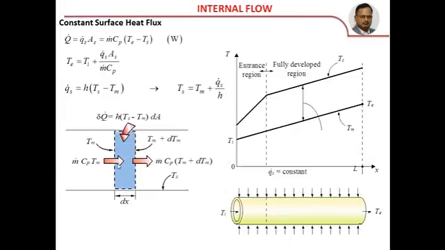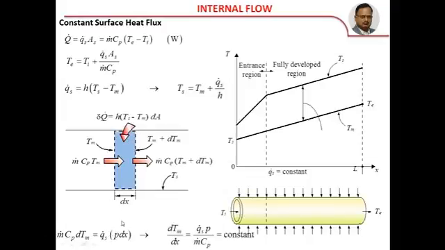So if you take any section like this, at a point where the temperature is Tm, after an elemental thickness of dx the temperature is Tm plus dTm. Energy entering is m Cp Tm and leaving is m Cp (Tm plus dTm), and the heat that is supplied into that elemental strip is dq, which is h times (Ts minus mean temperature Tm) times dA.